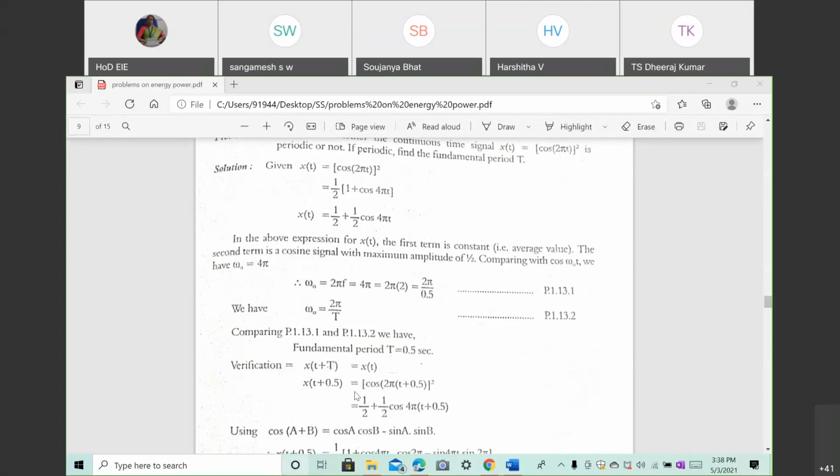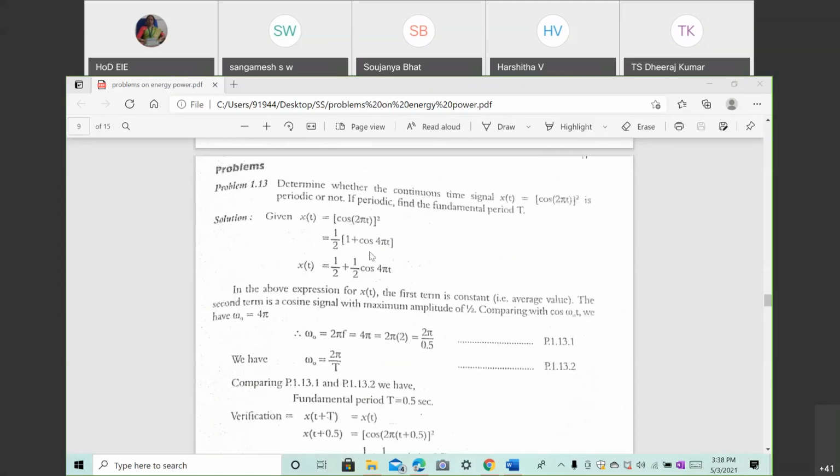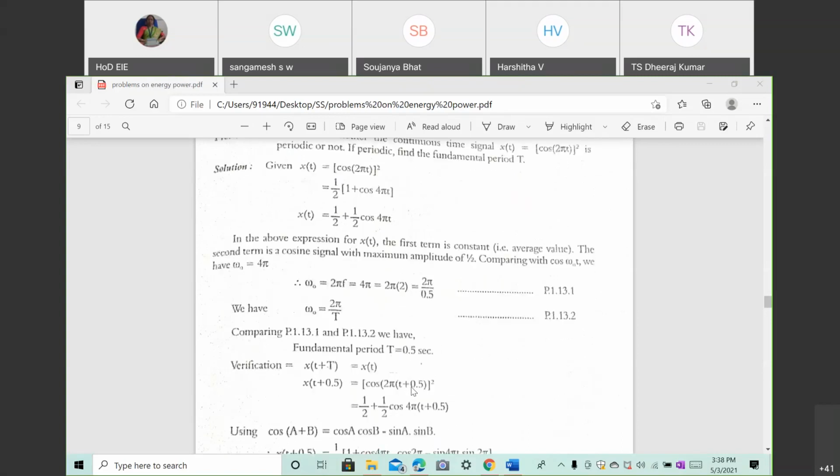T we got as 0.5. So x of t plus 0.5 is equal to cos 2 pi of t plus 0.5 whole square, which means that wherever t is there in the given equation of x of t, we have to write t plus 0.5. In the given equation cos 2 pi t, we change t to t plus 0.5, whole square.